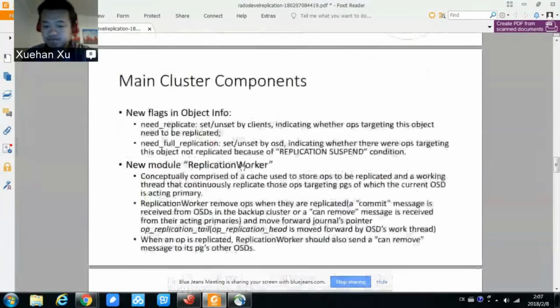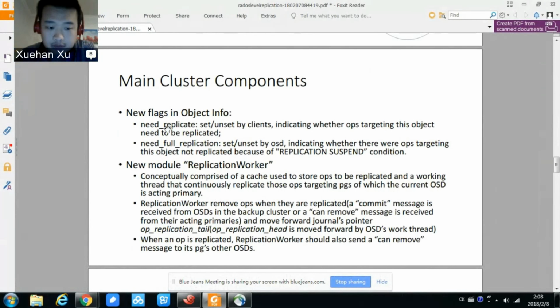And the basic idea of our replication is that we can let the users specify which ops should be replicated and which are not.